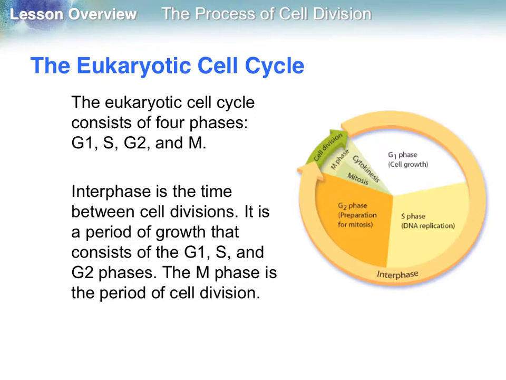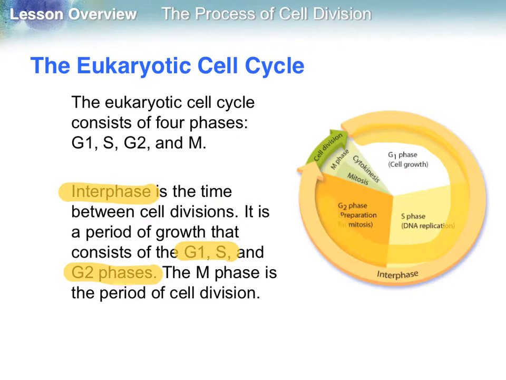Now, in eukaryotic cells, those are the kinds of cells that we have, there are actually four parts: G1, S, G2, and M. These are the different parts of the cell cycle. Interphase is known as the time between cell divisions, and it's made up of the G1, S, and G2 phases, and we can see that right here.